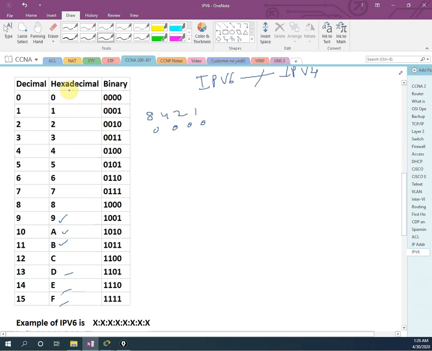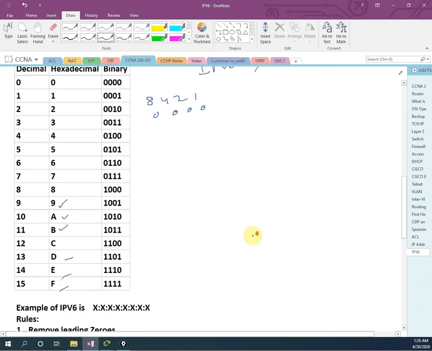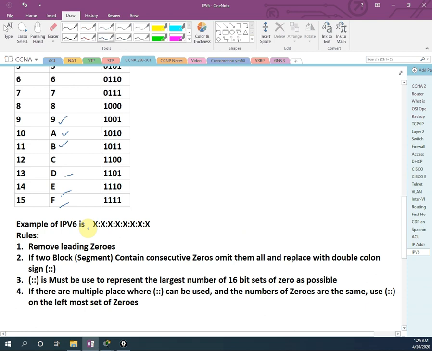Now the IP we are using is in hexadecimal, IPv6. What we learned before was in decimal, that is IPv4. So this is an example of IPv6. It has blocks separated by colons, like this: 1, 2, 3, 4, 5, 6, 7, 8.